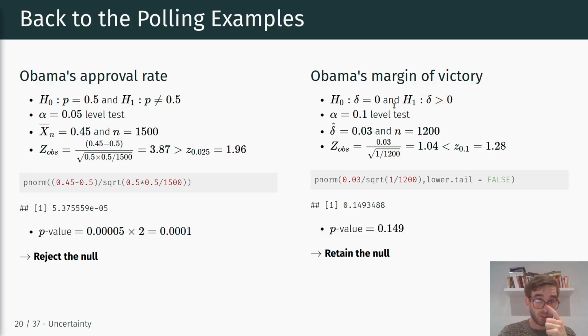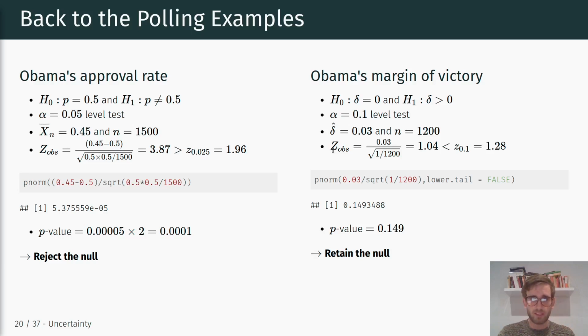Just to switch things up a little bit, we look at alpha 0.1, so a 10% significance level, and our delta hat is 0.03. So the observed margin of victory is just 3 percentage points in our sample of 1,200 respondents.